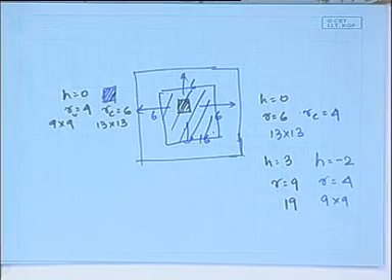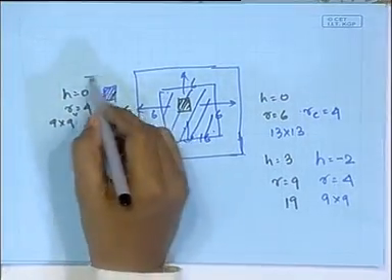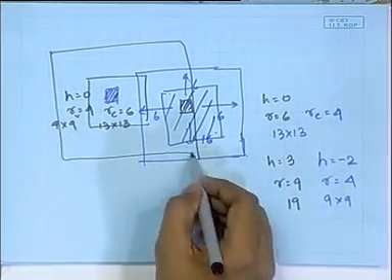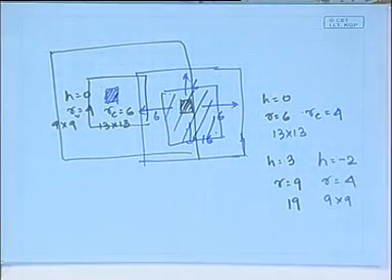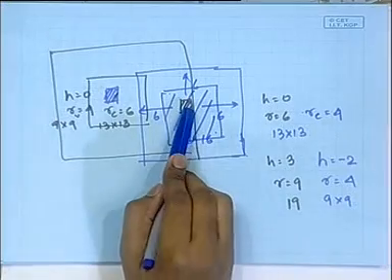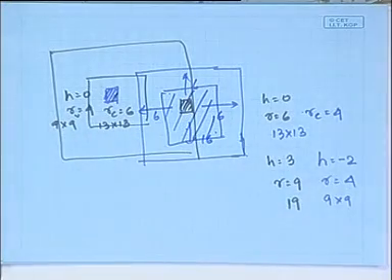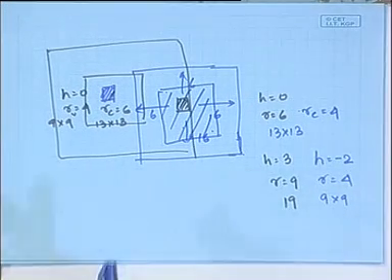A communicator robot on the other hand can see only a 9 cross 9 matrix, but it can communicate in a 13 cross 13 matrix. What this means is, this bot cannot see this bot, but it can communicate with this bot. So, you have to take care as to how to utilize and make your communicator and explorer robots efficient.